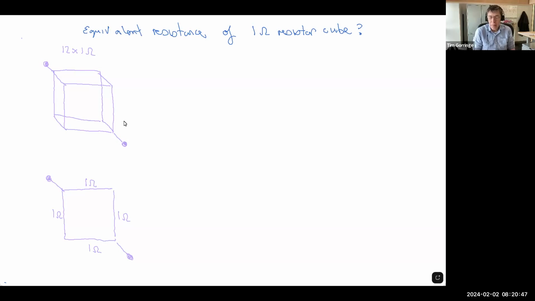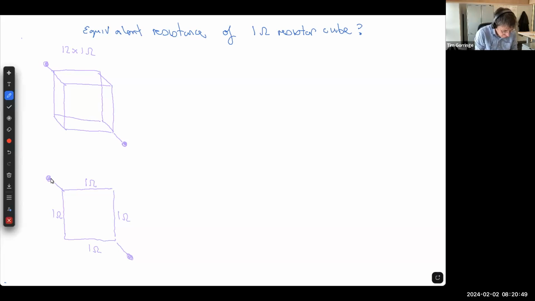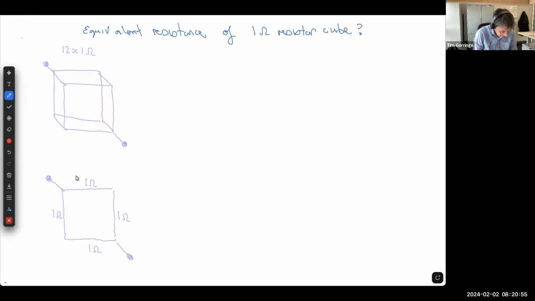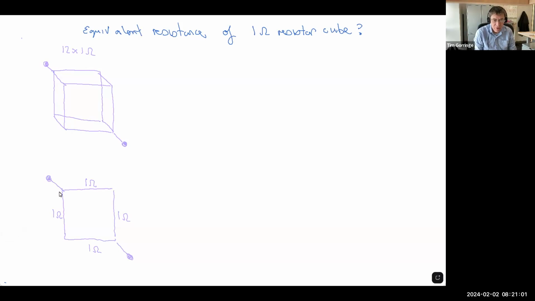Before we do that, I'm actually going to solve a similar but simpler problem. It's the problem that I depicted down here: the equivalent resistance of this arrangement of 4 resistors in a square rather than a cube.